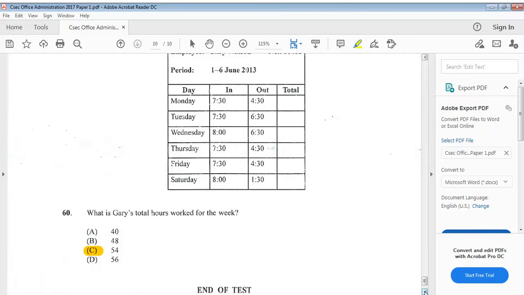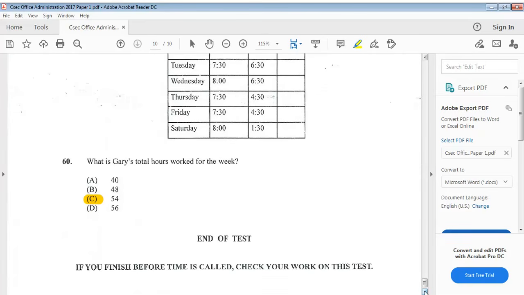So that is it. This was another repeat question that was on the 2019 past paper one, as I have explained in detail. So we have come to the end of this past paper. It is encouraged that you keep watching them over and over so that you can get familiar with these questions.